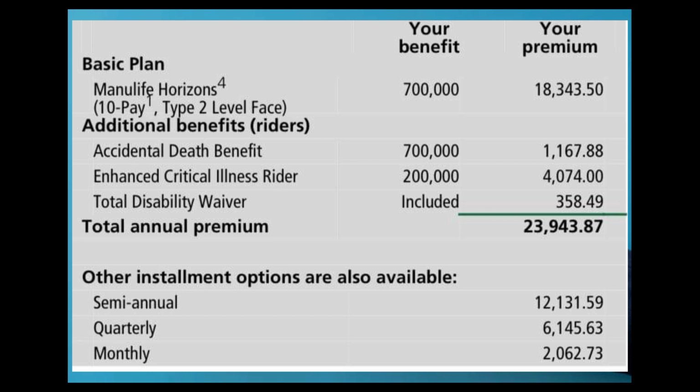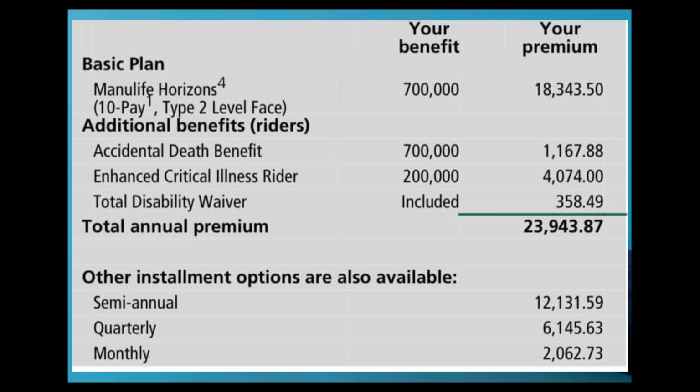For the amount of 4,074, if he is diagnosed with any of the 60 illnesses listed on his proposal, he automatically gets 200,000 pesos. As I've said, this amount depends on the client. If he wants a higher benefit, then he has to pay a higher premium.